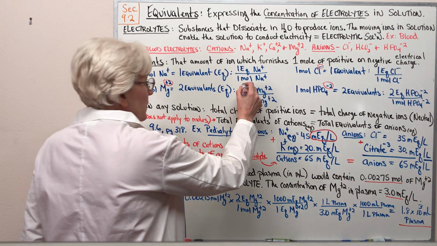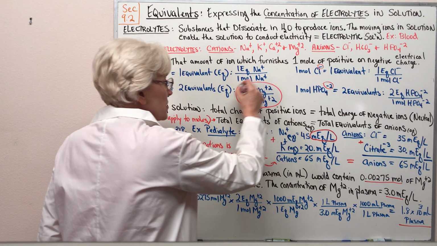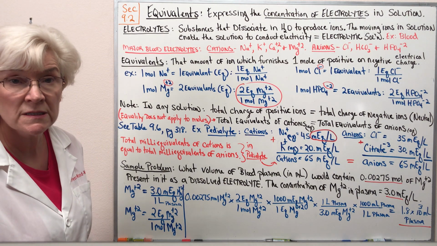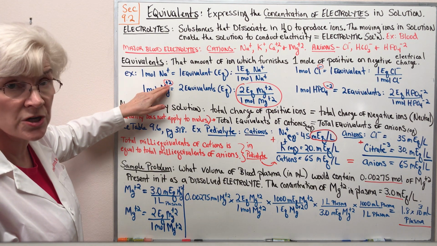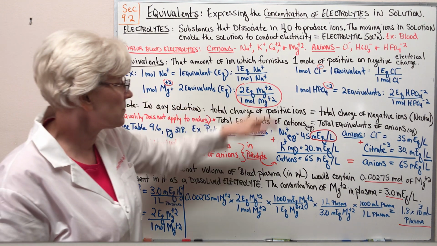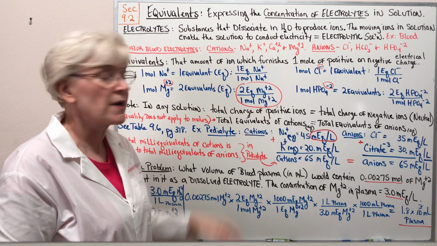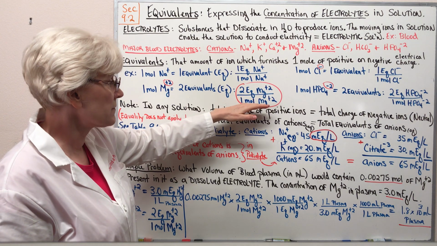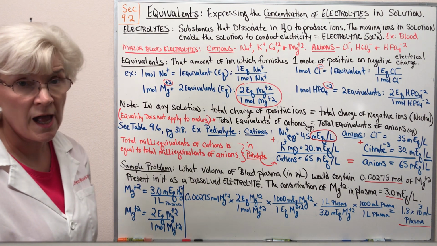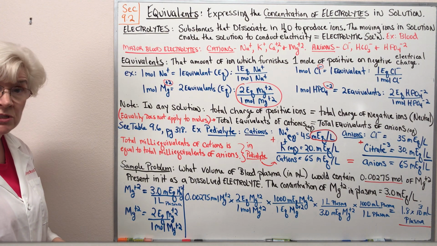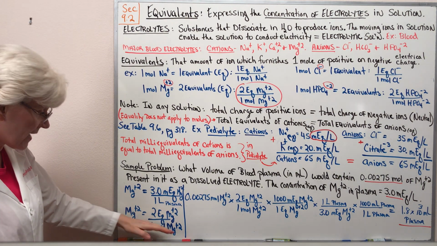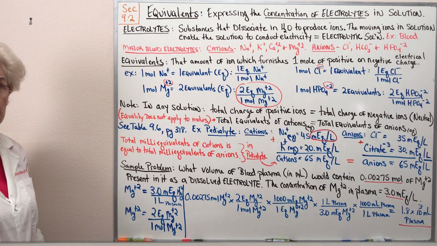Here, we also looked at the relationship between equivalents and moles of magnesium coming directly from the charge on magnesium. There are 2 equivalents of magnesium ion present per 1 mole of magnesium ion. So we'll need that relationship in this problem as well and write that as a conversion factor.